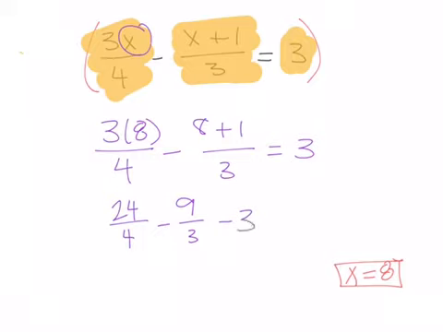Notice that I am doing the tops of my fractions first, because that is one of the first things you do when following your order of operations. Now I'm moving on to my dividing. That is 6 minus 3. And now I can do my subtraction. 6 minus 3 is 3, so that is correct.